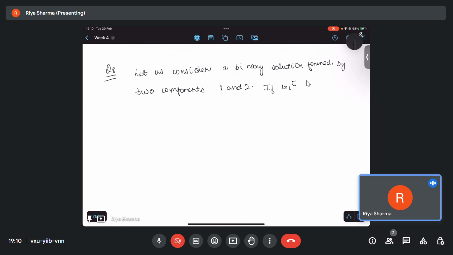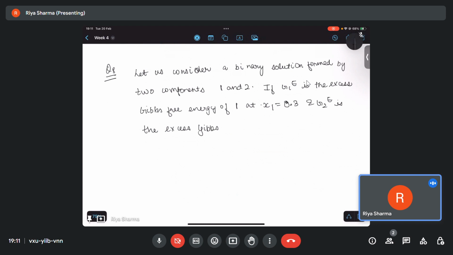If G1E is the excess Gibbs free energy of 1 at x1 equals 0.3, and G2E is the excess Gibbs free energy of 2 at x2 equals 0.5, then what is the ratio between them?